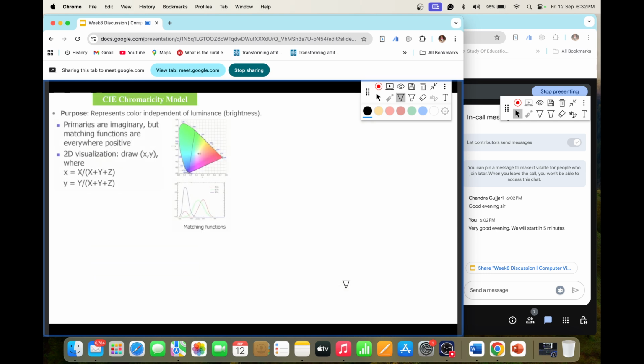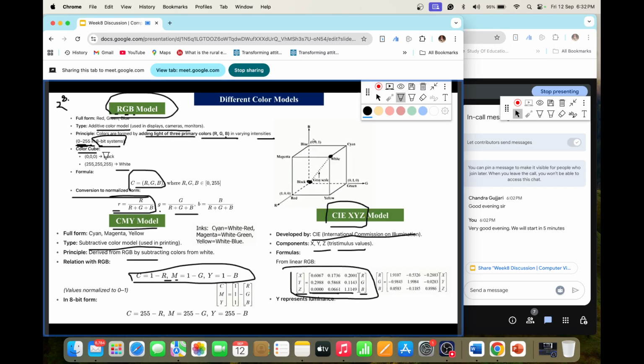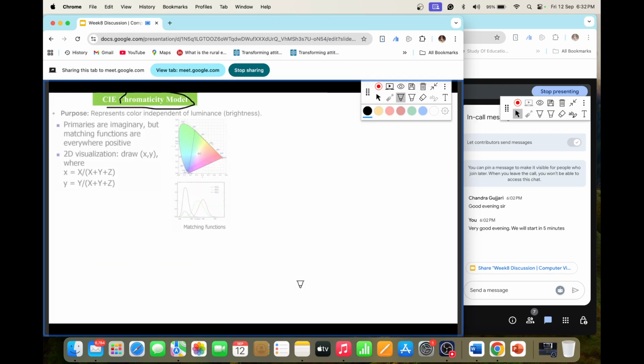If we derive from the CIE XYZ model, we can get something called a chromaticity model. The same XYZ we have just calculated, we are visualizing in a 3D model, right? Because we have these three coordinates X, Y, and Z. But to put it in a 2D model, we have this chromaticity model.